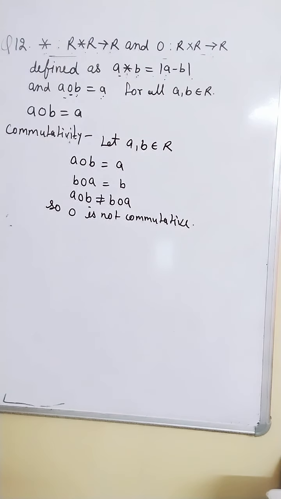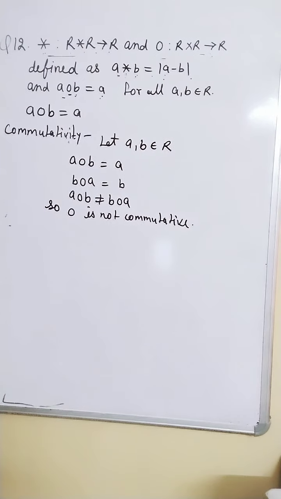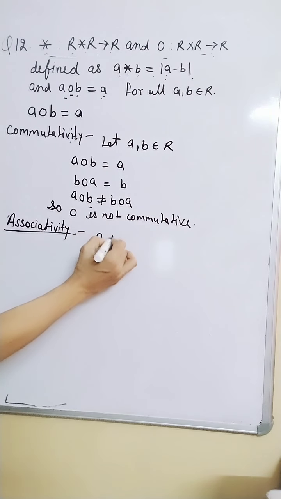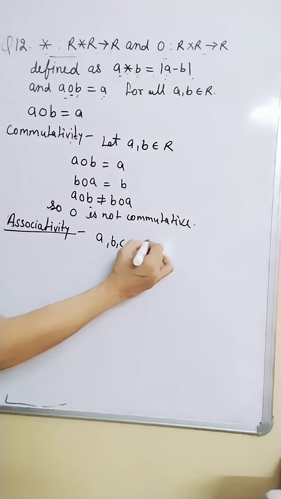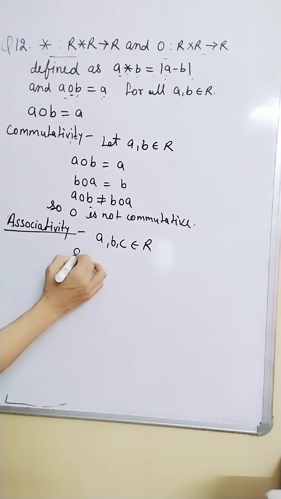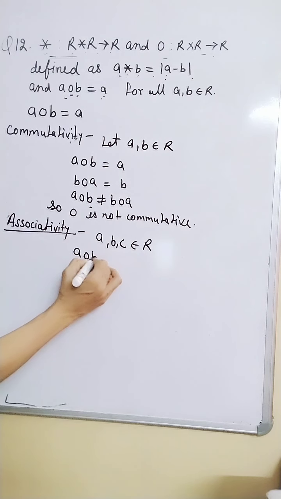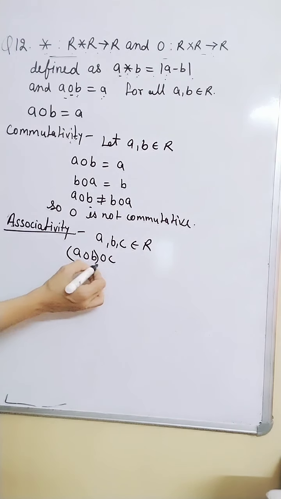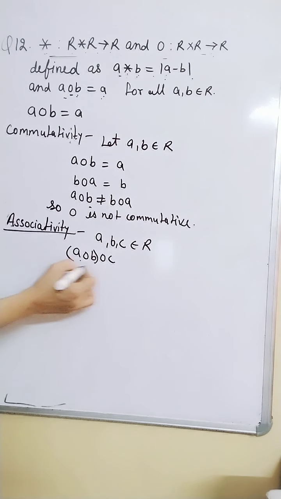Clear? Now we will prove whether this is associative or not. For associativity, take three elements A, B, C belonging to R. Now (A o B) o C. First we apply this operation between the first and second element.